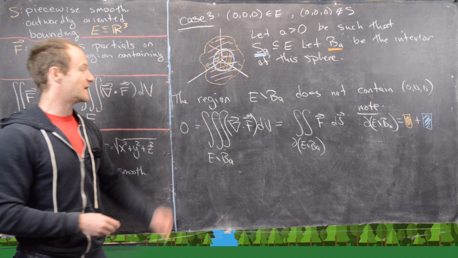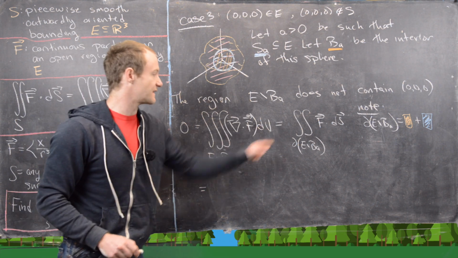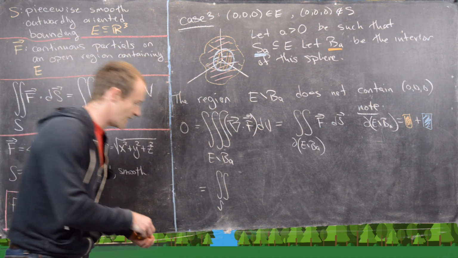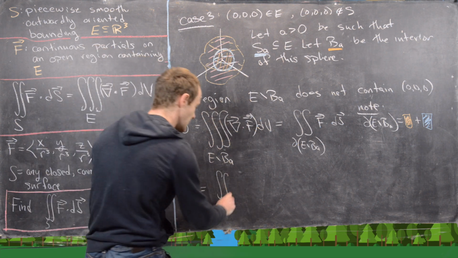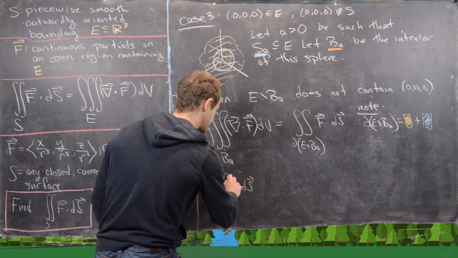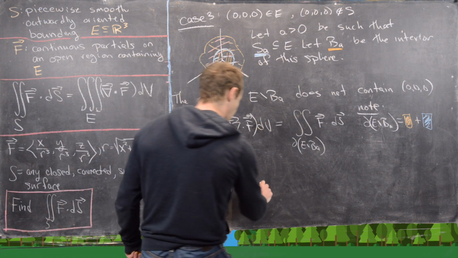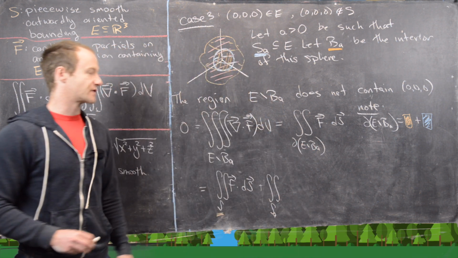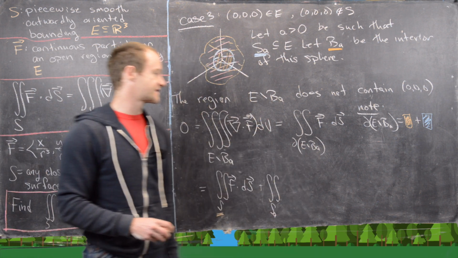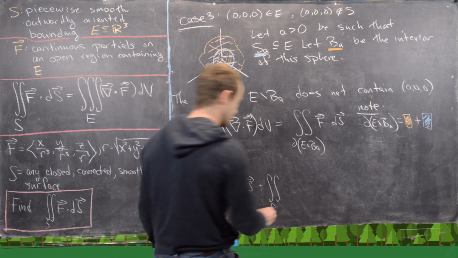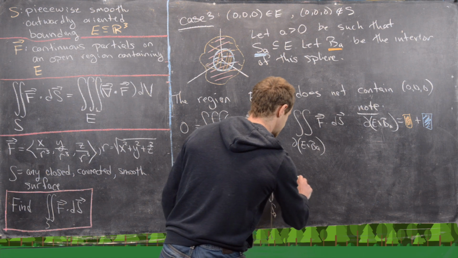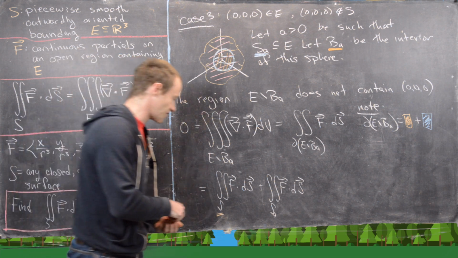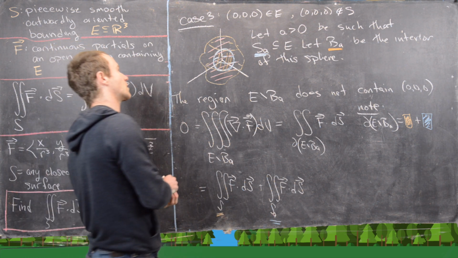Great. Now we can split this up into pieces. This is going to be the surface integral over S, that's the yellow bit, of F dot dS, and then plus the surface integral over SA. Notice SA is going to be the surface of this ball of radius A, and then this is F dot dS. And now here we need to be careful with our orientation, because the orientation on S is outward.